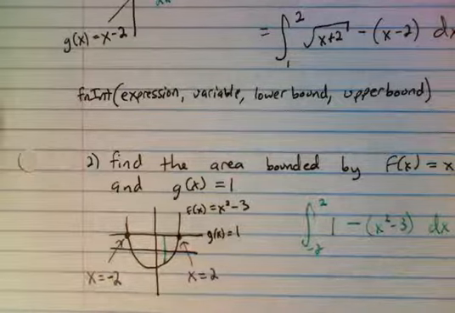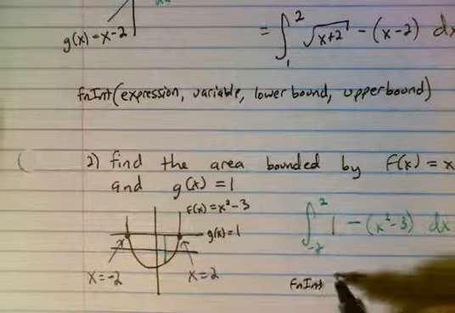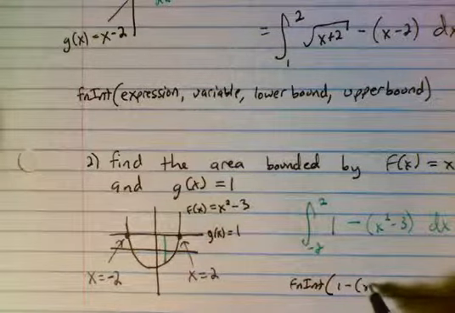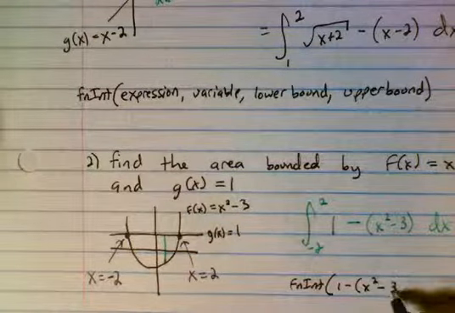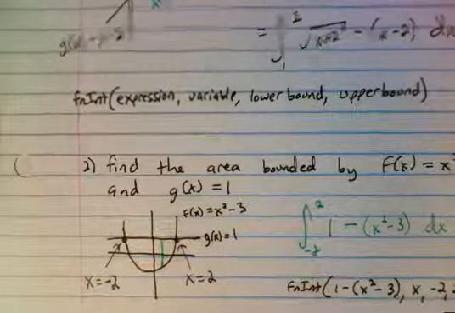So again, if we have the calculator available, all we have to do is put in definite integral 1 minus, make sure that's in parentheses, x squared minus 3, comma x, comma negative 2, comma 2.